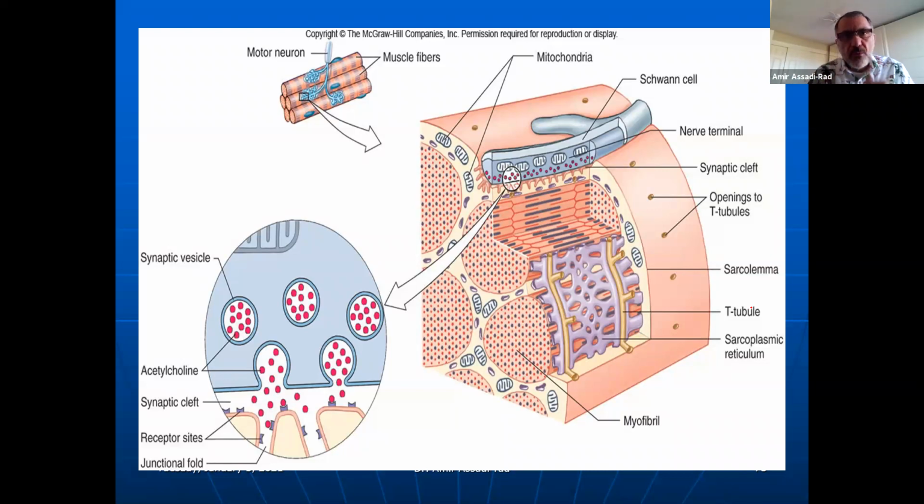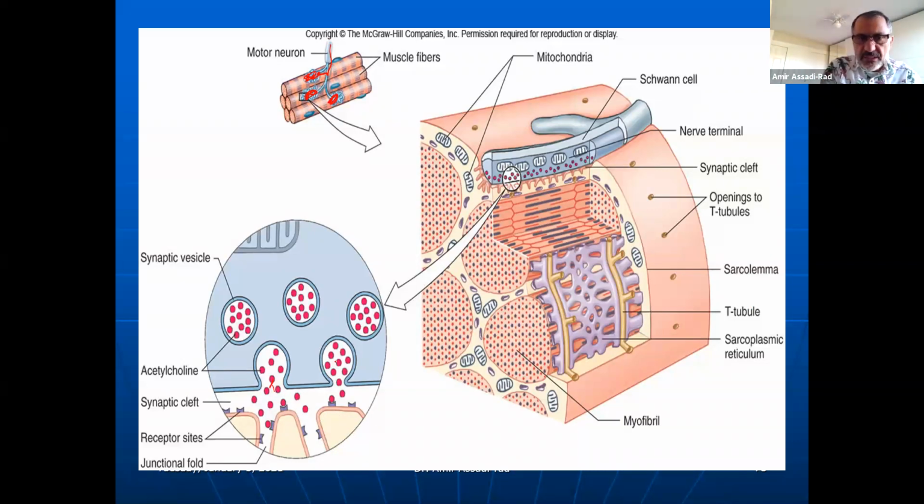Hang on. So what happens, you remember, these are your neurons, your motor neurons. You remember that at the end of the neuron, there is the axon knob. The axon knob releases neurotransmitter. Now the postsynaptic cell is not a neuron, it's a muscle cell.